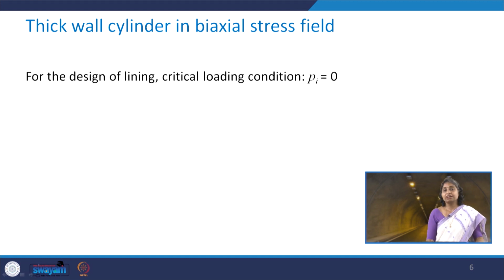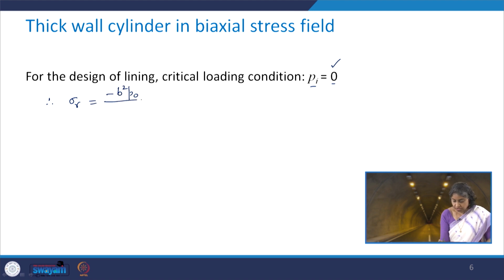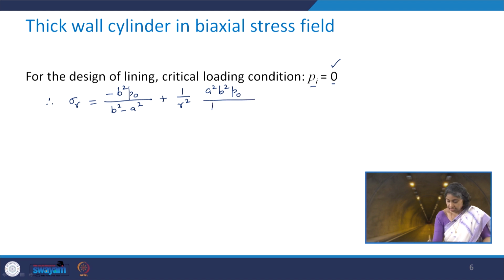Now, for the design of the lining, the critical loading condition will be when the internal pressure is equal to 0. So let us substitute p i equal to 0 in our earlier expressions. What we will get is sigma r equal to minus b square p naught divided by b square minus a square, plus 1 upon r square a square b square p naught divided by b square minus a square.